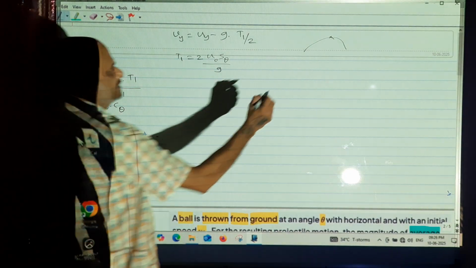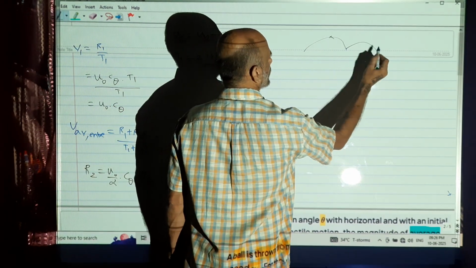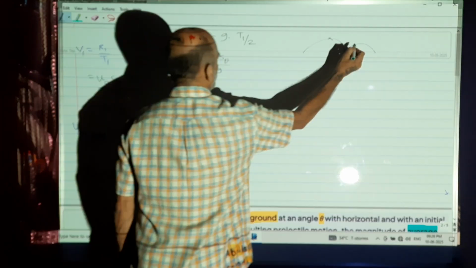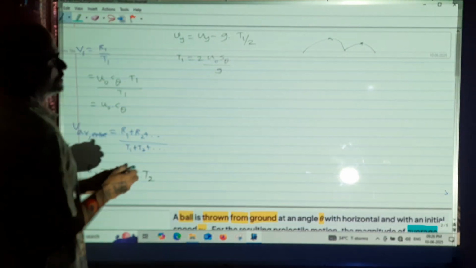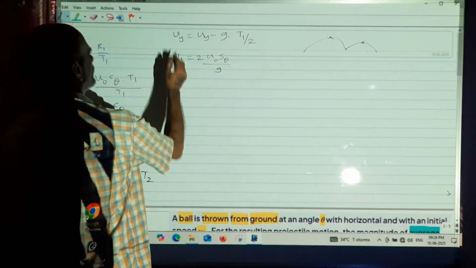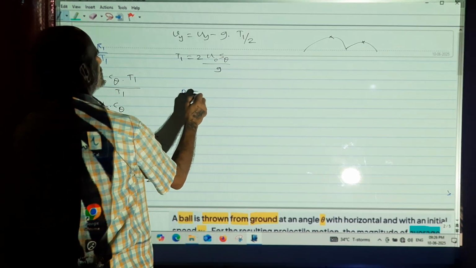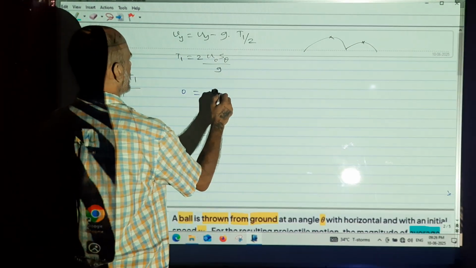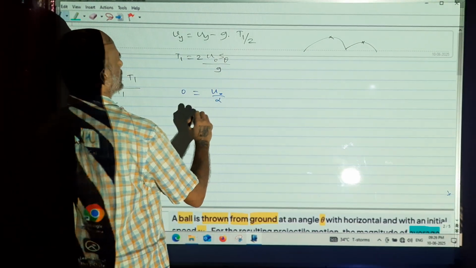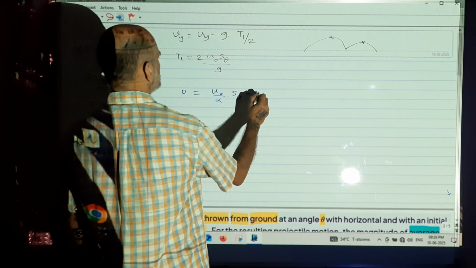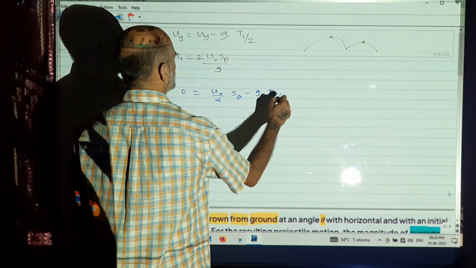So the second one, the corresponding time is T2. That T2 again, I'll use the same equation at this point. So that will give me 0 equal to the second time the velocity will go, reduced by alpha, into sine theta minus g into T2 by 2.